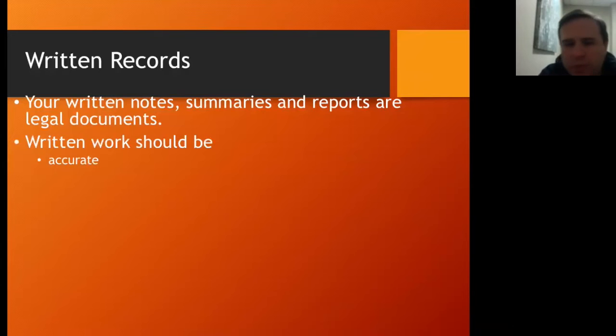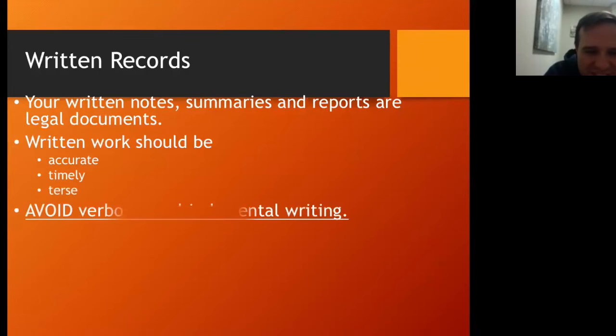The dates need to be correct. The times need to be correct. The duration of the time that you're with them needs to be correct. They've got to be timely. You can go to court and someone says, oh, it looks like you just wrote this progress note 2 days ago. You need to make them within a specific amount of time that's necessary for your agency. And you want them to be terse. You don't want them to be long-winded.